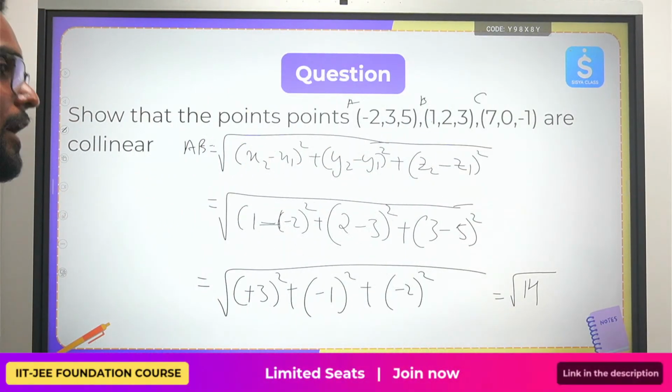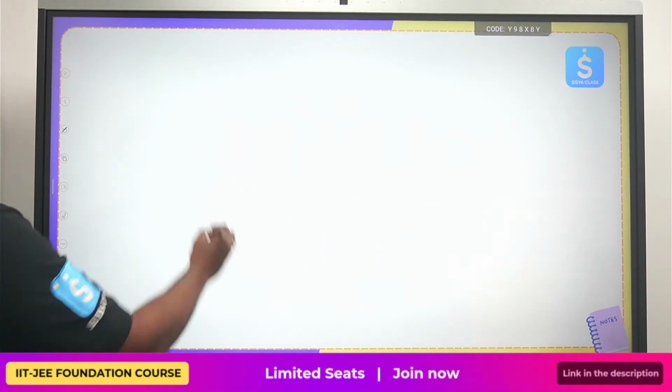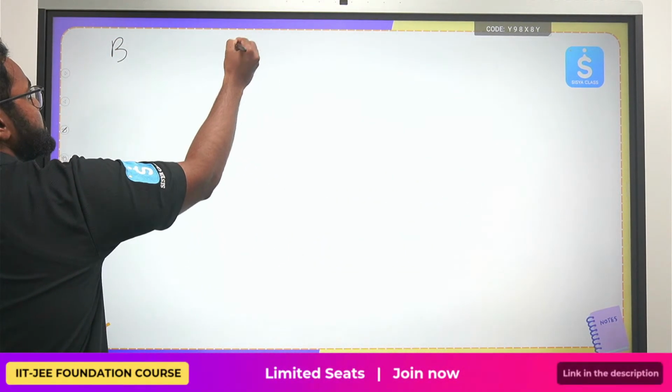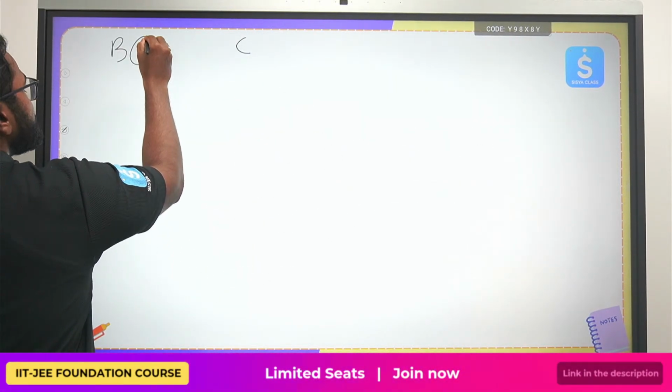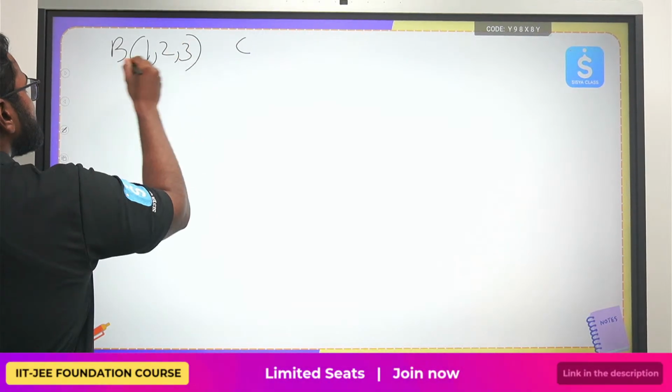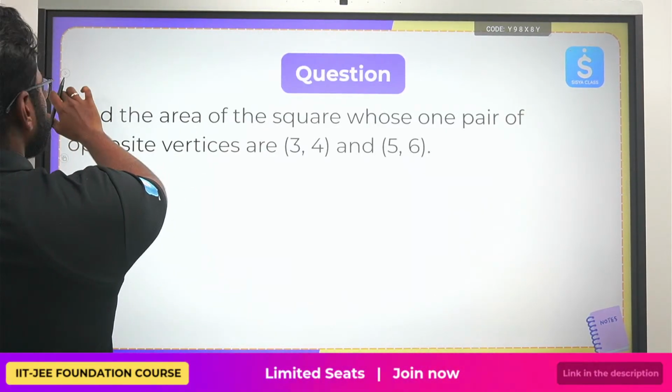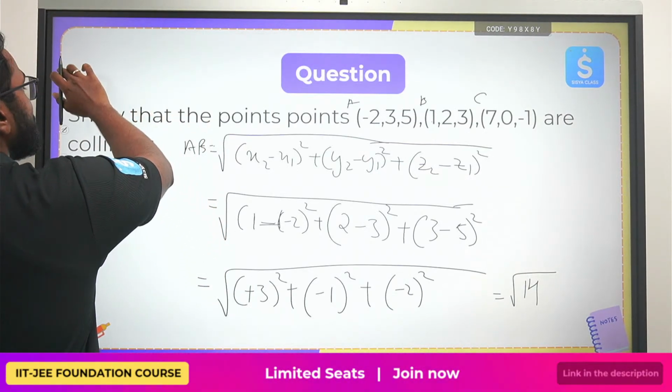Now let us take the points B and C, and find the distance between them. B is (1, 2, 3) and C is (7, 0, minus 1).